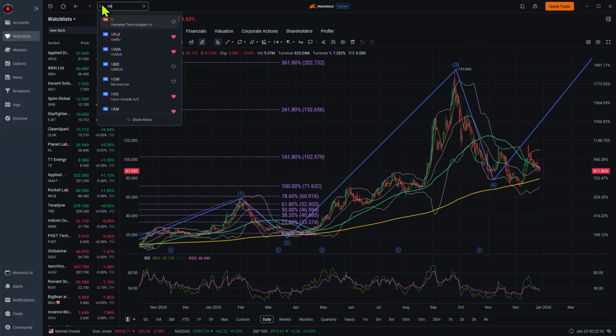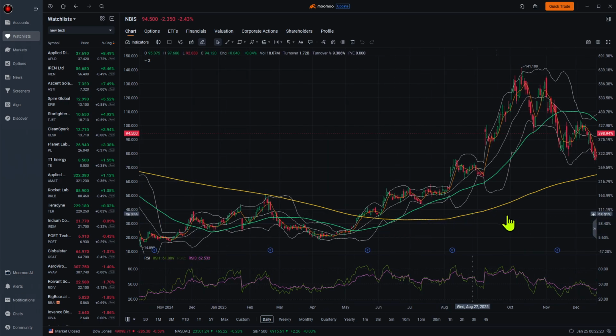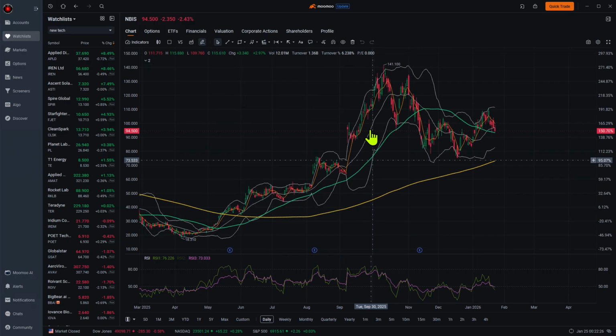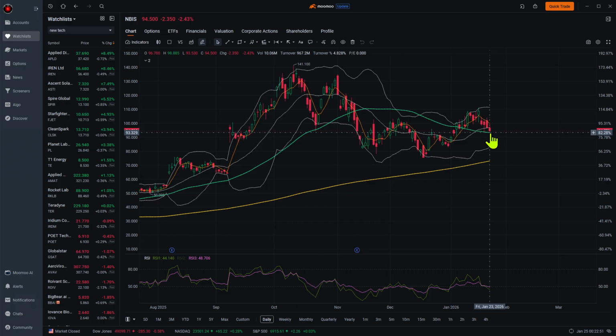NBIS. This may have 1, 2, 3, 4, 5. So correcting that. I want to see what it does here with the 50, but this looks like it should turn up.